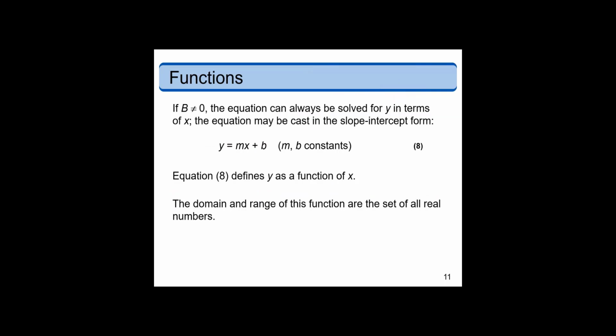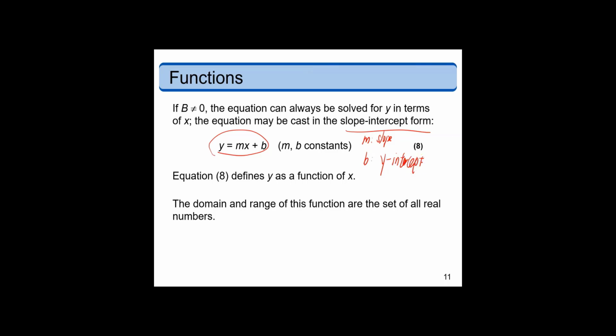So that's related to the linear equation now. When b is not 0, the equation can always be solved for y in terms of x. So we get y equals mx + b, which we call slope intercept form. Here m represents the slope, and b represents the y-intercept.